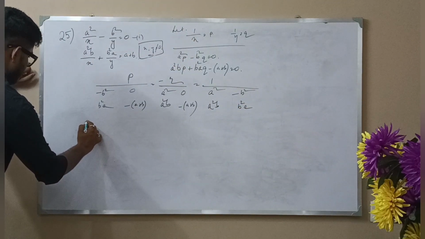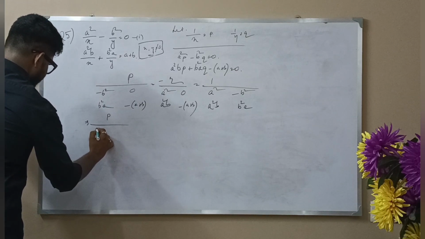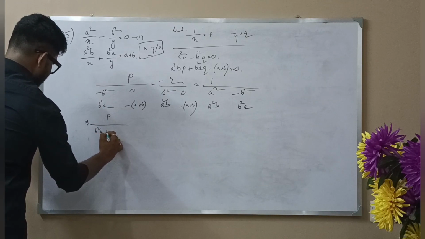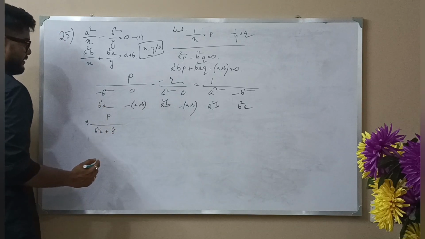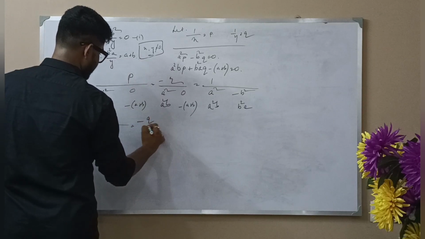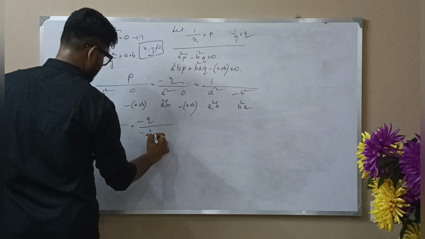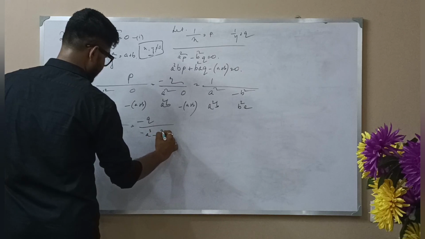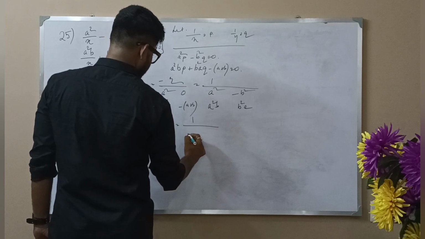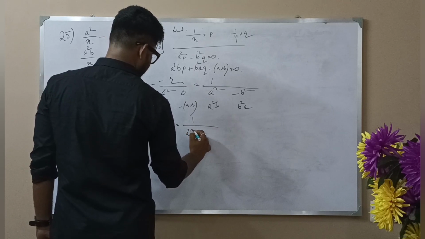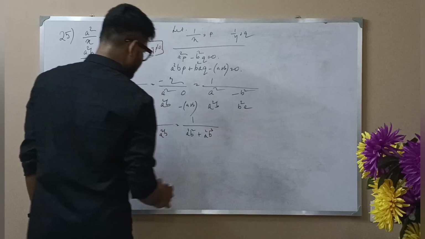So p by negative negative positive, b square a plus b cube, 0 into something will give you a 0, minus q by minus of a cube minus a square b equals to a cube b square plus a square b cube.